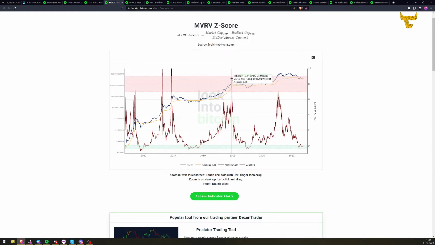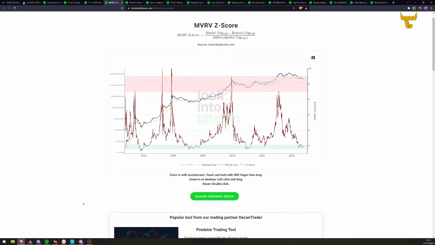And so obviously it goes up very much each time the market cap is a lot higher than the realized cap, when price moves up really fast and there is not enough Bitcoin being moved on chain or even being exchanged on exchanges compared to the speed the market cap is growing.